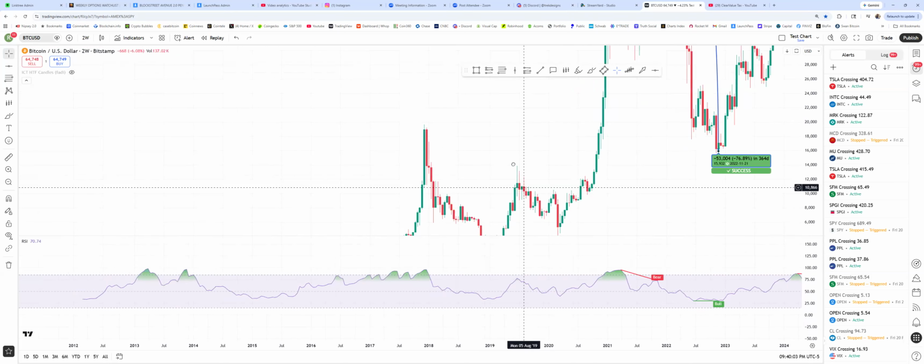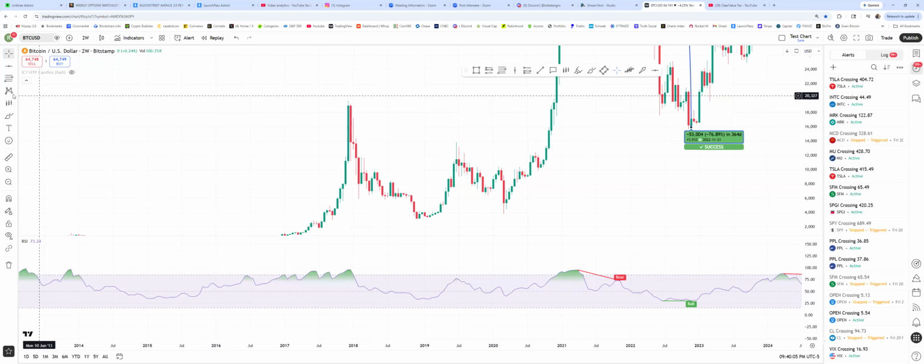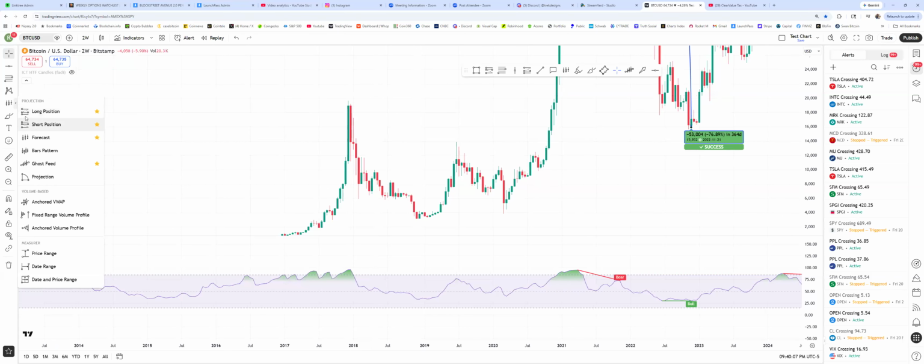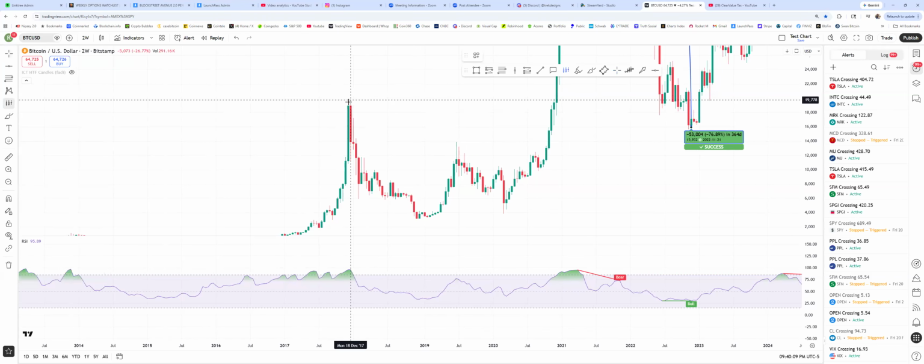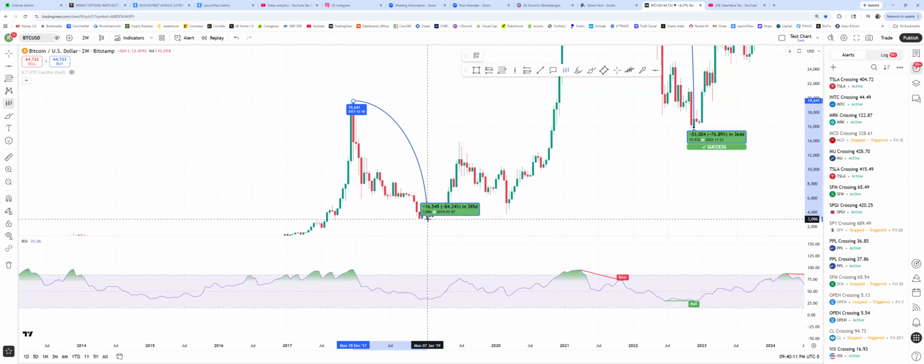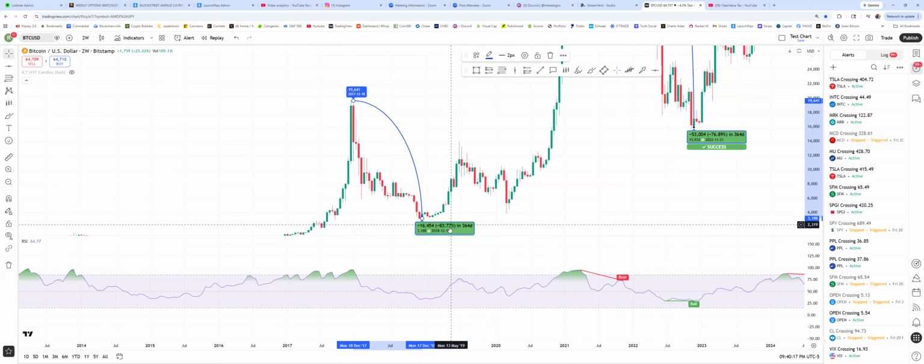This previous drop, from here to here, was 84, right? So the difference is approximately 84 and 76, like 7 or 8.